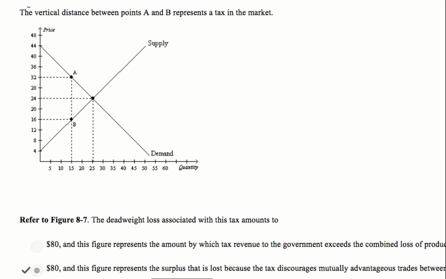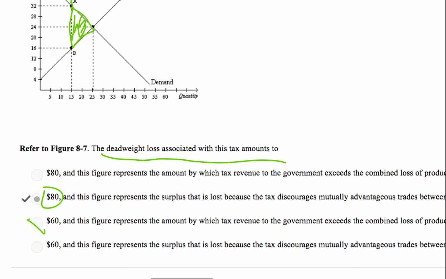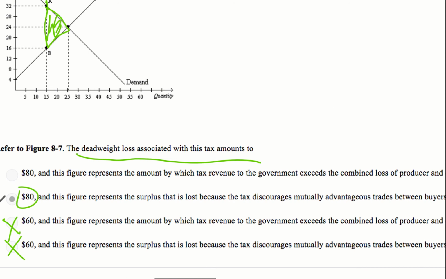So the deadweight loss associated with this tax amounts to how much? So as we found out before, this little triangle here, that is our deadweight loss. So base times height divided by 2, the answer is 80. So C and D are wrong, and then B, let's look at A. Let's see how wrong A is. A says 80.